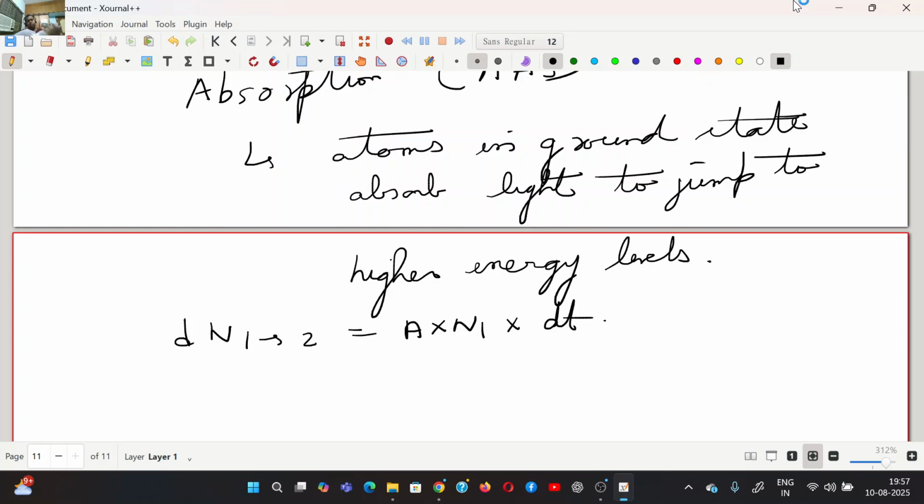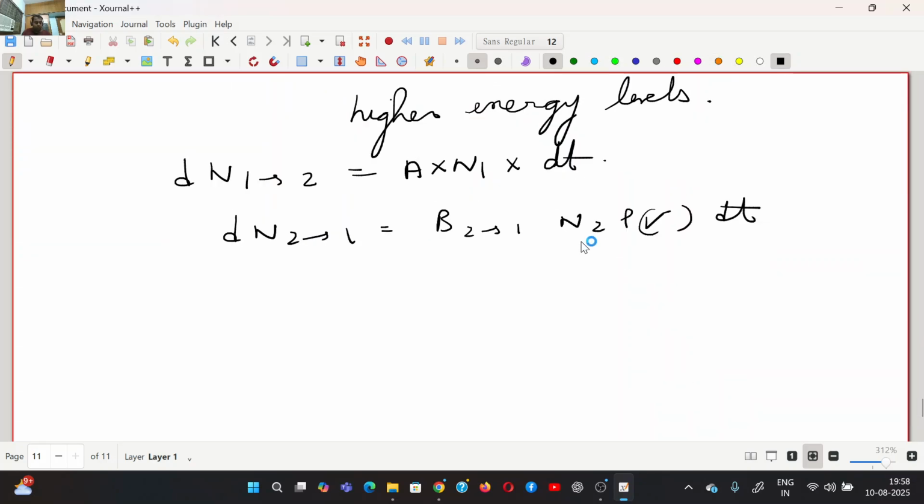I already told you there is something called absorption. There is an equivalent equation for absorption, right? Something called oscillator strength also.